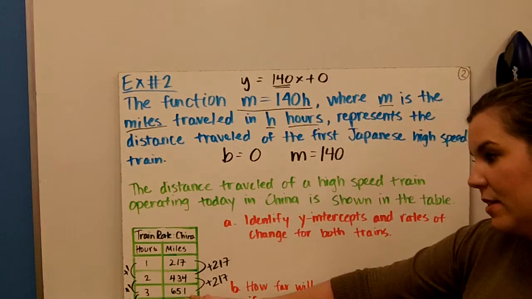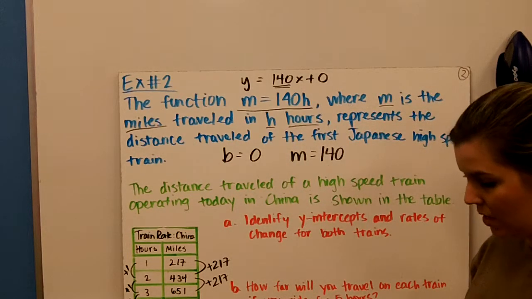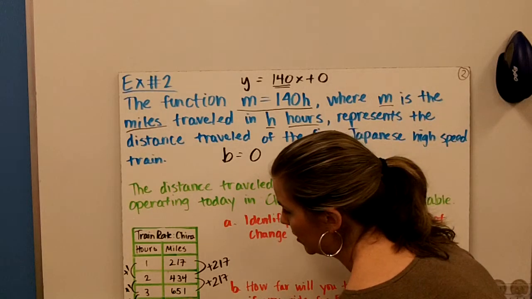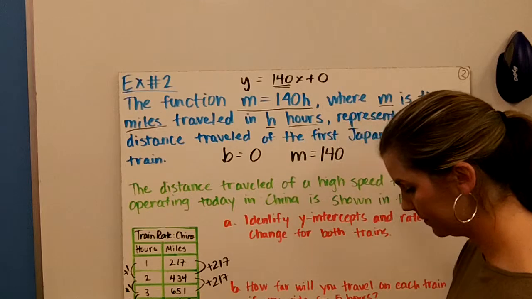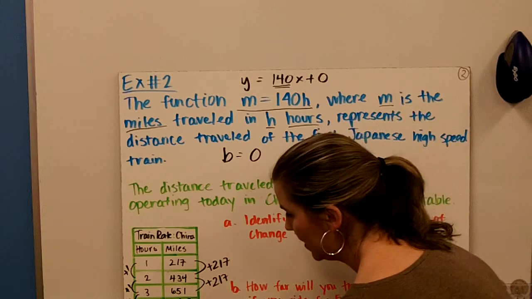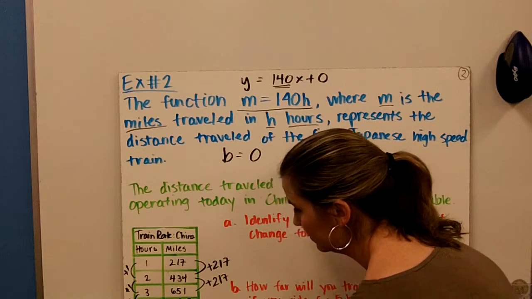So I can predict the next two values in my table by adding 217 to get 868 and 1085.